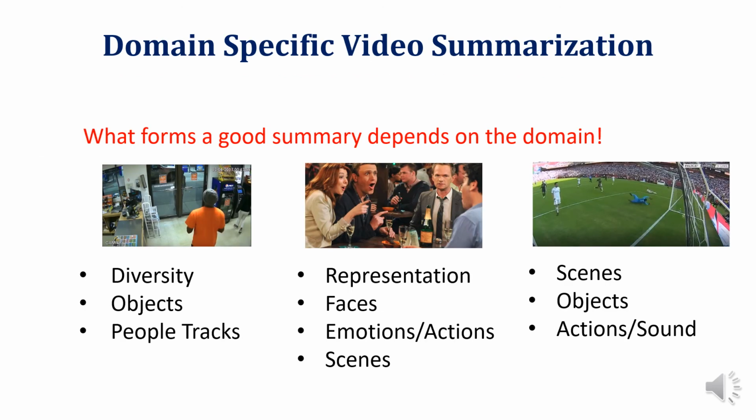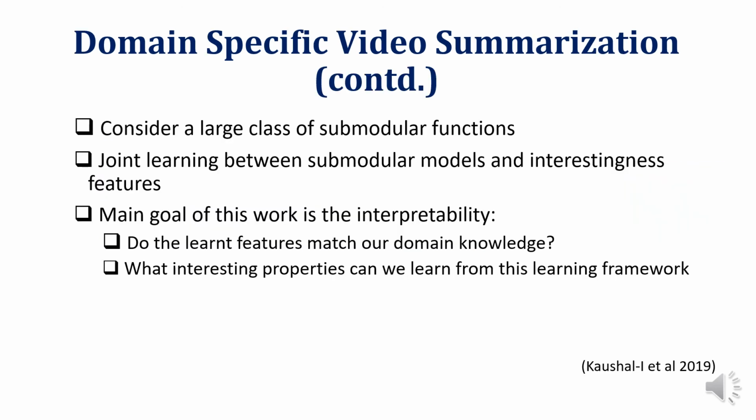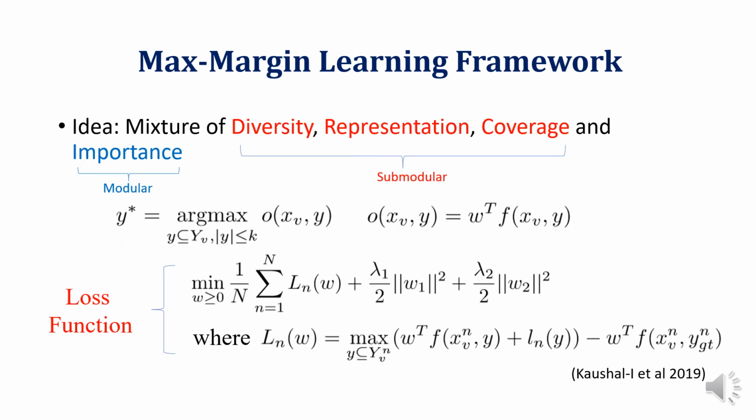Now, what forms a good summary really depends also on the domain. For example, you may be looking at diversity, objects or people tracks as against representation of faces and emotion, actions or scenes. So one might be interested in a mixture of diversity, representation and coverage.